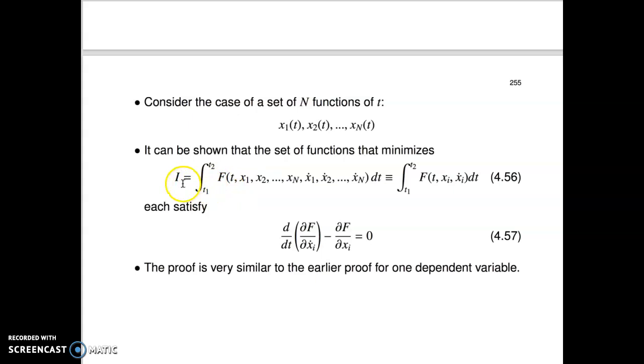Then in order to minimize or maximize this integral, you will have n of these equations. So for n unknown functions, you have n equations. I'm not going to go through the proof of that. The proof is very similar to the original proof.